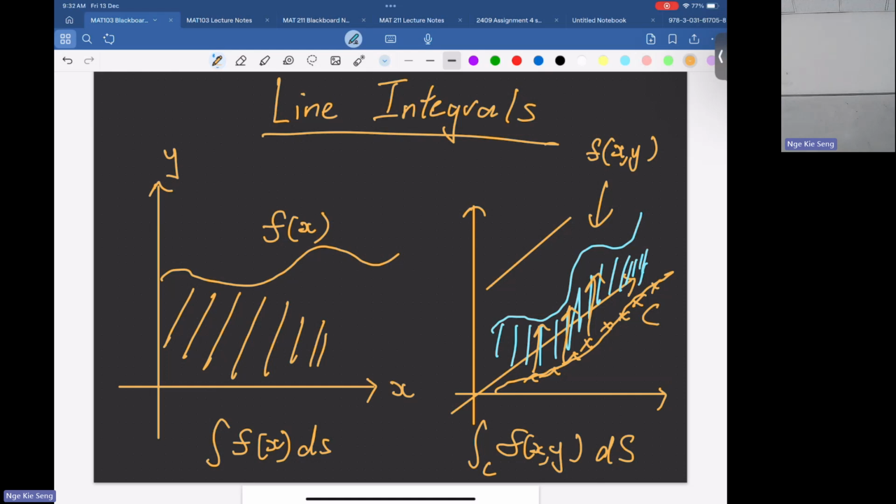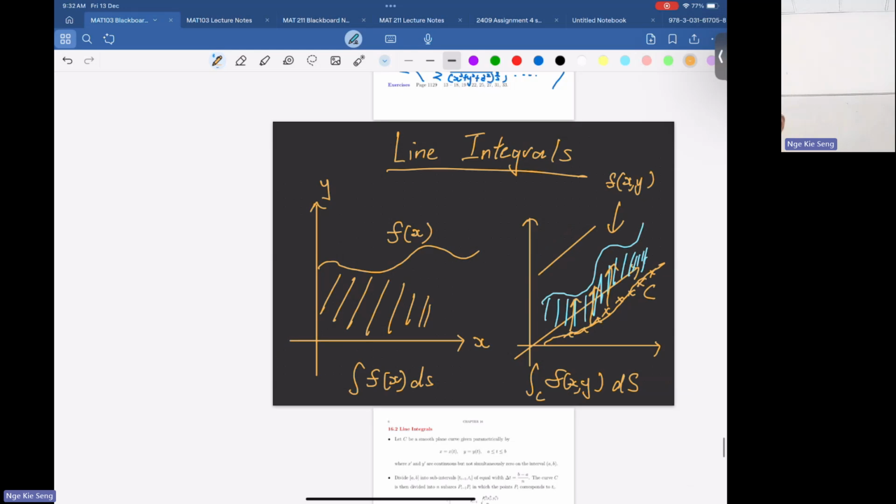So we use this to denote how we compute a line that is not straight. So how do we make it straight? Do you still remember how we measured a curved line in space last time? Remember the story about the ruler, the square root of dx squared plus dy squared?